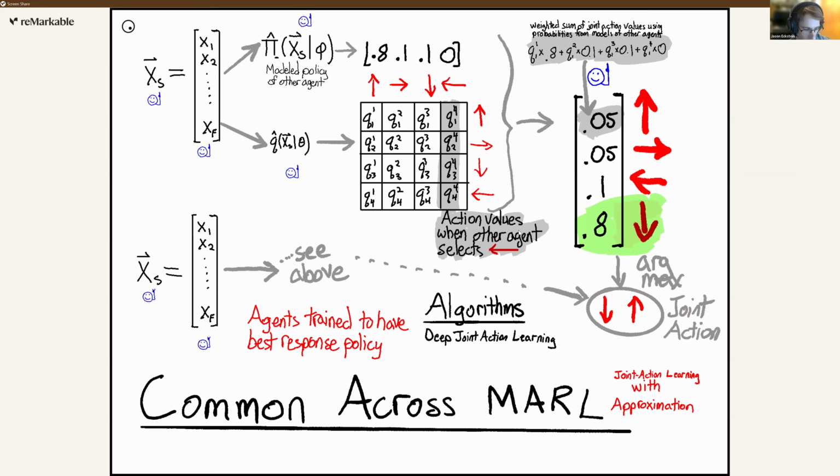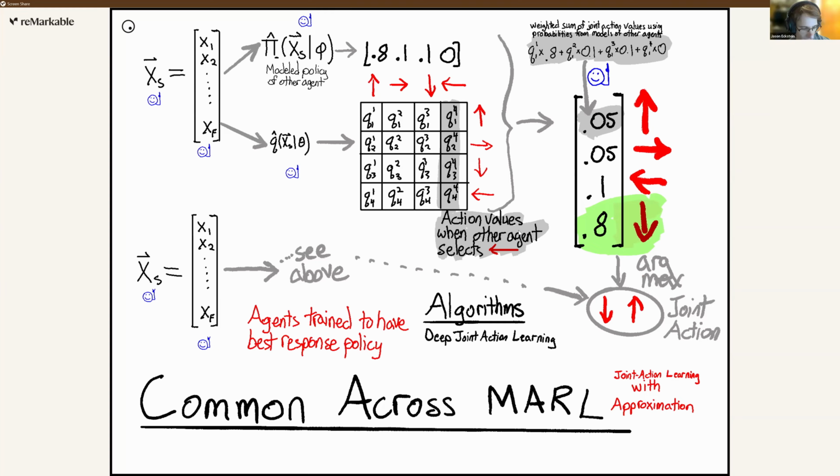So this first value here is a weighted sum of all of the different values for the up action, but it's being weighted over the probabilities of what all of the other agents do. We end up combining these two pieces of information into a single action value vector, and then we select the argmax from that again to produce the joint action.